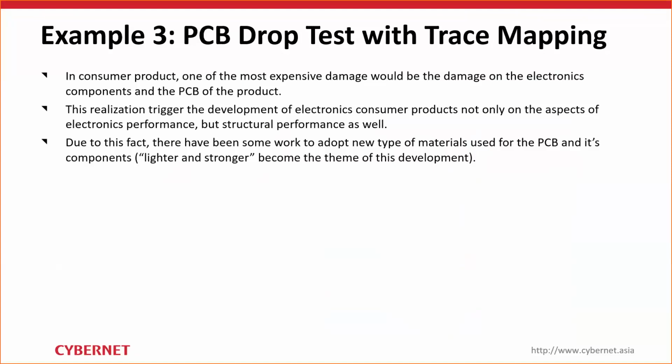So essentially, we are looking at a lighter and stronger material as we progress forward. So for this particular example, we are just going to showcase one of the features that is recently available with Ansys LS-DYNA, which is the trace mapping function. Again, we will go into the details on the next slides.